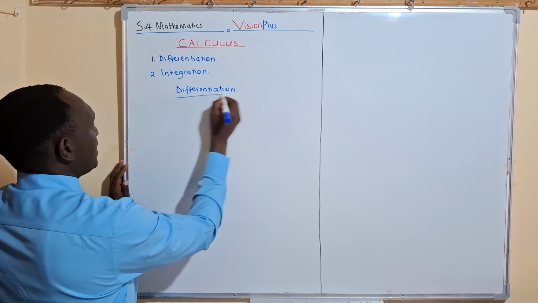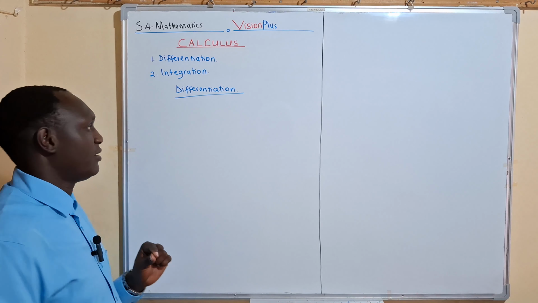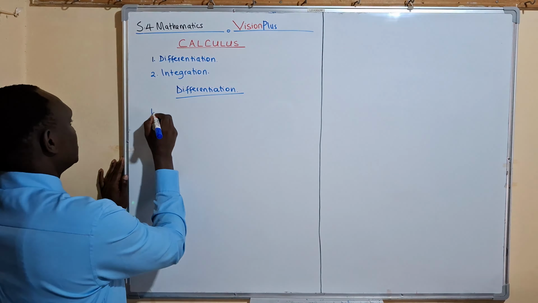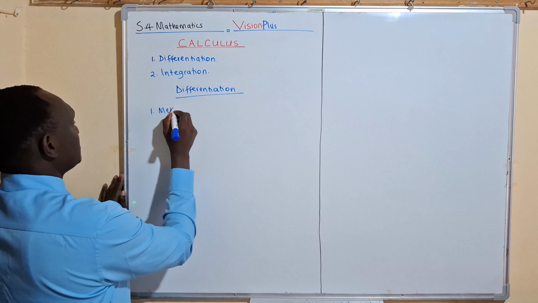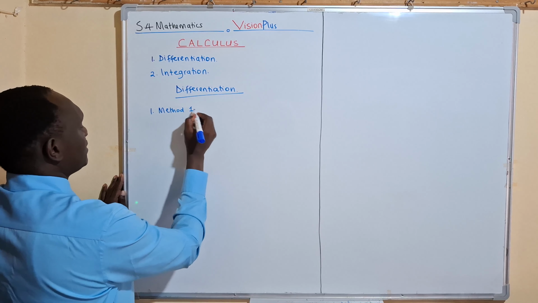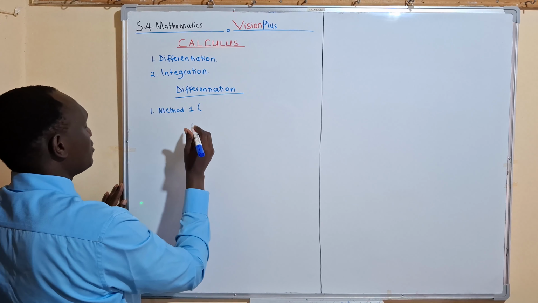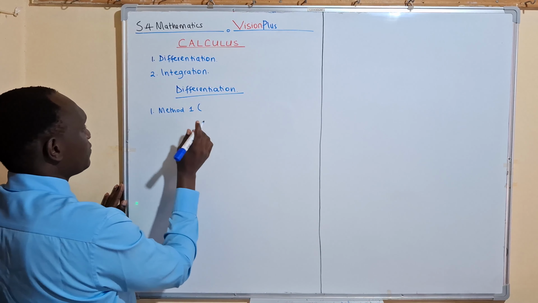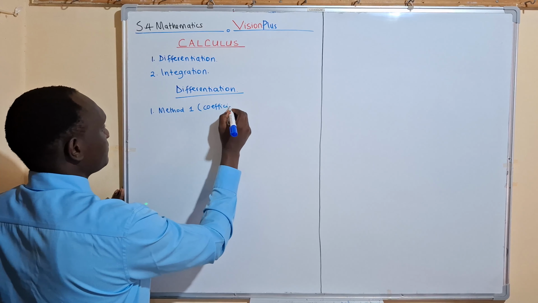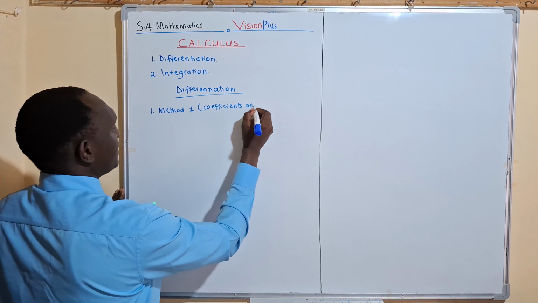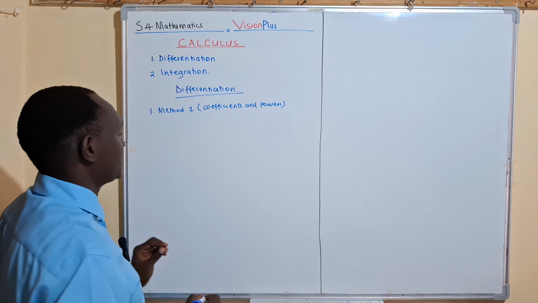And under differentiation, we shall look at the following. One, method 1, that is for differentiating given expressions or functions. And in method 1, we shall deal with coefficients and powers of given terms.